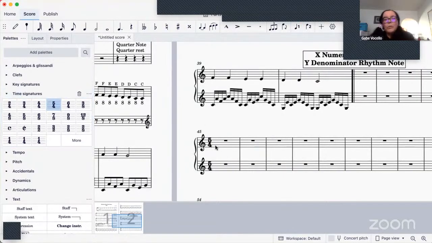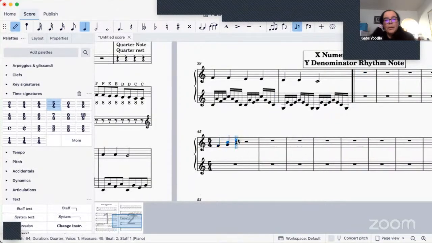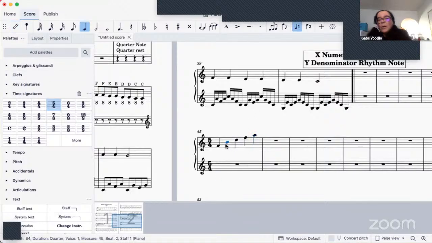Five fourths, which means it's 5 quarter notes. The good news about the software is that when you finish the combination of the 5 quarter notes, you already have the bar line. It's called bar line. It closes, so you cannot add more.